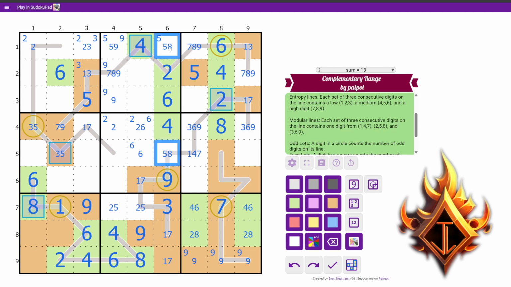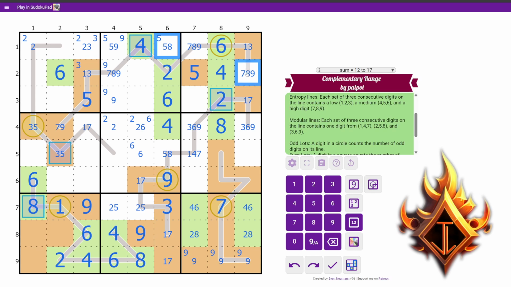If this is 8, it can't go there because it would have to go there. And there's already one in the column. So if this is 8, this has to be 8, which will be the fourth even. And it would go there.